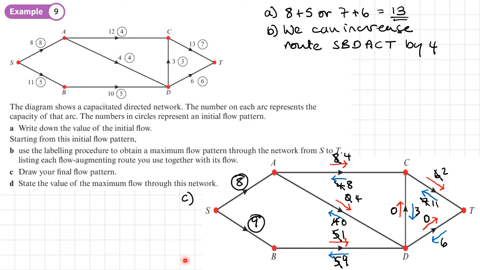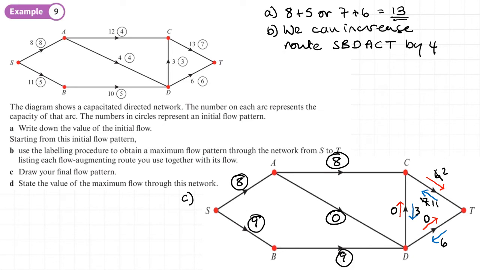For arc AC, that's going to be 8. So we'll take that out and we'll just put 8 there. For arc AD, that's going to be 0. That's the one that we use backwards. Arc BD, that's going to be 9. So put 9 there.